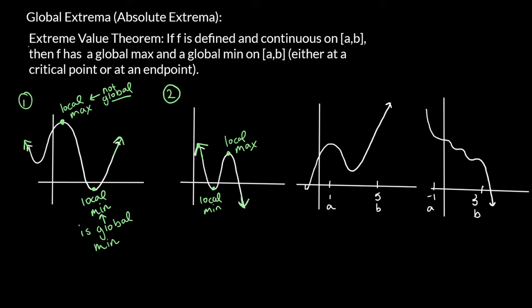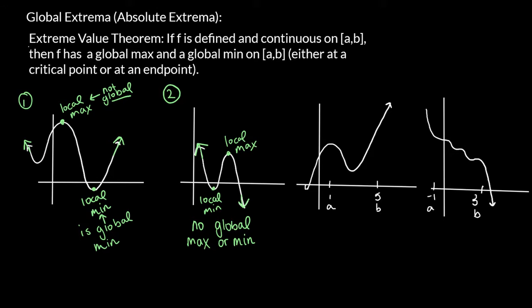So that goes past the local max and the local min, so that means that this graph has no global max or min. Because on the left-hand side, the graph is increasing to positive infinity past the local max. On the right-hand side, the graph is decreasing to negative infinity past the local min. So we could have both of these situations and some others if we're thinking about the whole graph.